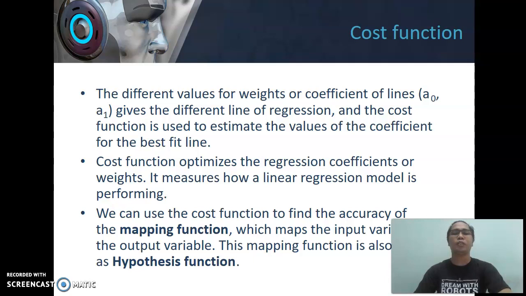We can use the cost function to find the accuracy of the mapping function, also known as the hypothesis function, which maps the input variable to the output variable. For linear regression, we use the mean squared error, or MSE, which is the average of the squared error between the predicted values and actual values.